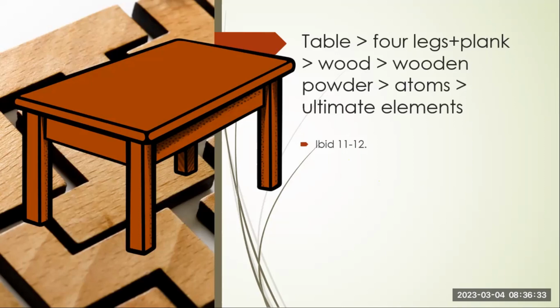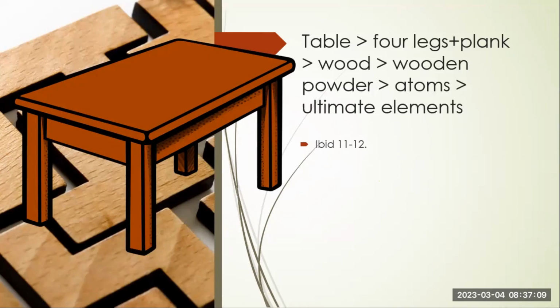When you pound those wooden particles into powder, you will get wooden powder. According to modern science, you can divide them into atoms. According to Buddhist teaching, you can also divide them again into the ultimate elements.